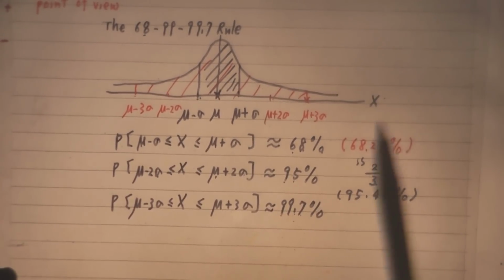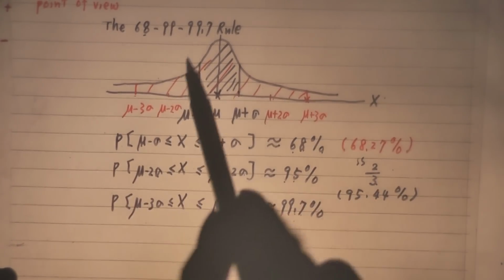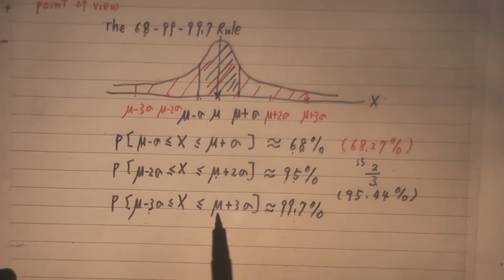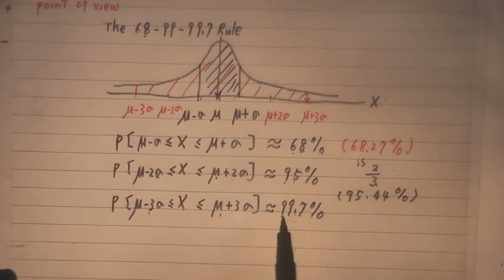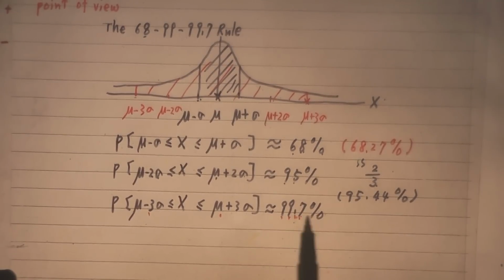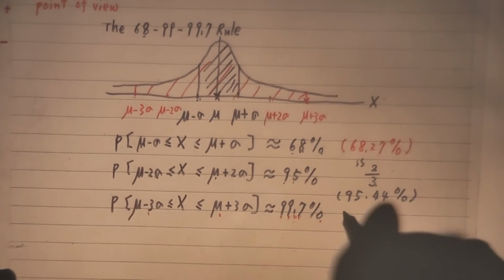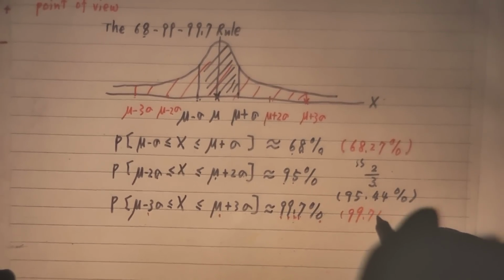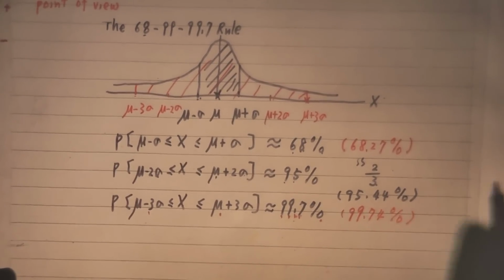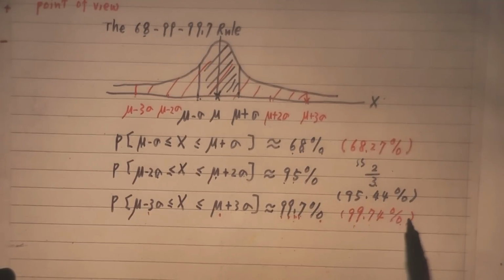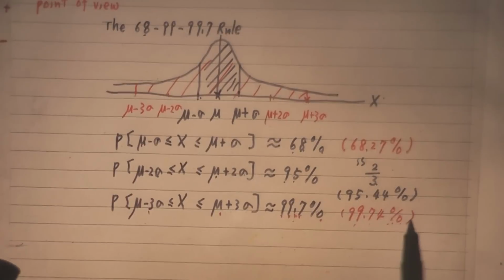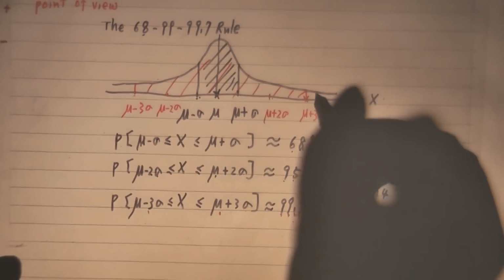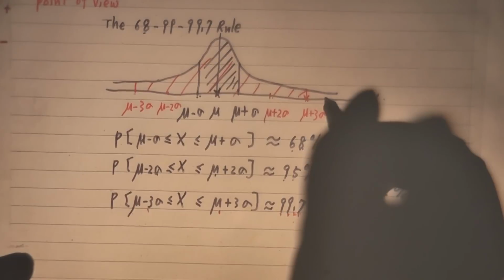That means if a data set really follows a normal distribution, within 3 sigma around the center mu, cover 99.7%. Okay? If you check with the table, you will find this is 99.74%. And what do you know about 99.74%? It's almost 100%.